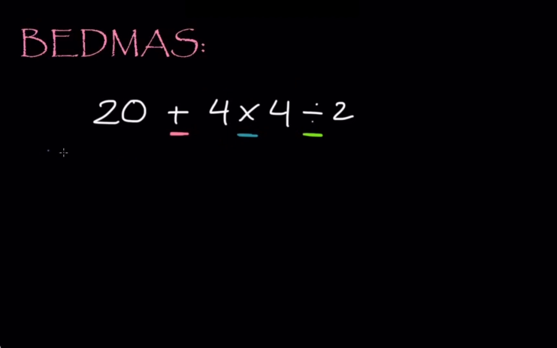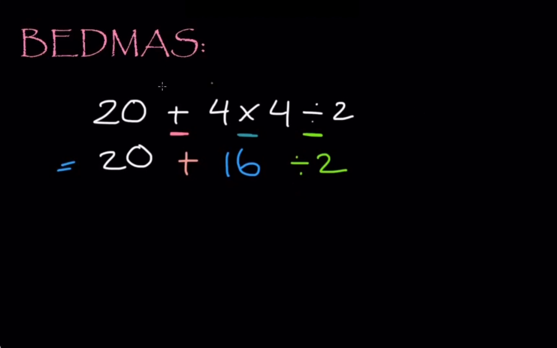So we put an equal sign and rewrite it: 20 plus, now we do the 4 times 4, which gives us 16, and then divided by 2. Now, here we have an addition and division. Which one do we do first?